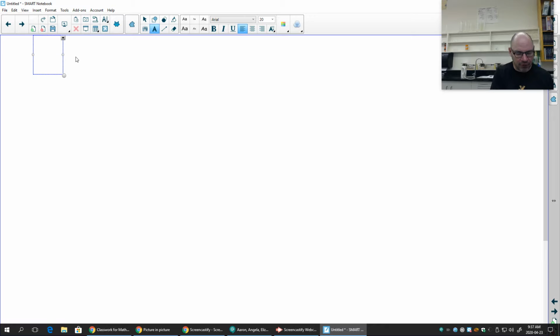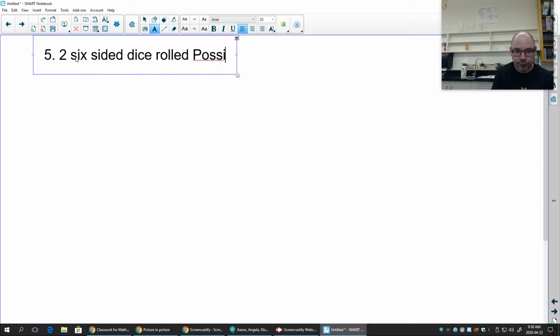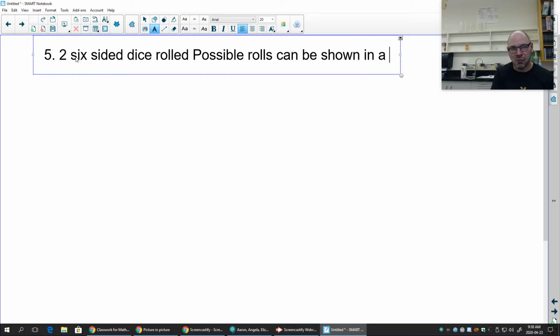Okay, so this is example 5, and this would be 2 6-sided dice being rolled. Our sample size, our possible outcomes, can be shown in a grid.